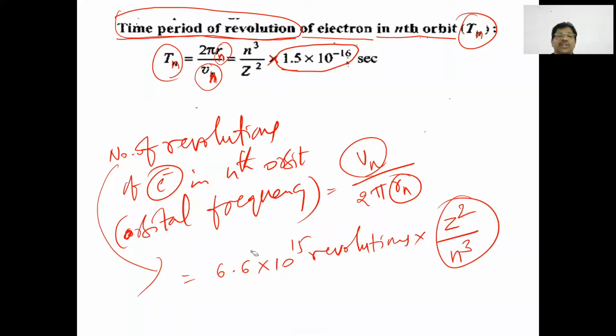When we invert this, we get n³ by Z² into 1 by 6.6 × 10^15. Then we get 1.5 × 10^-16 seconds into n³ by Z². So this is the time period of revolution.